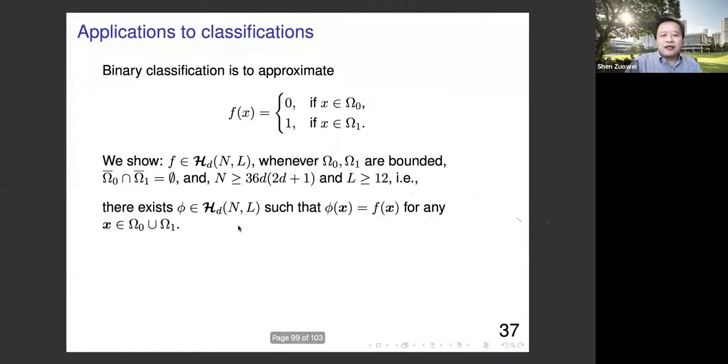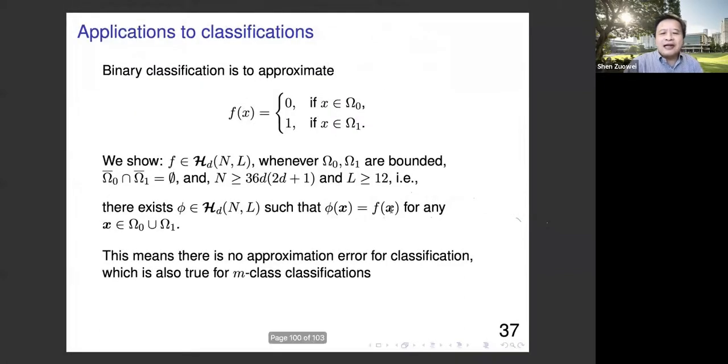This theorem can of course be generalized from binary classification to M-class classification. This is very important, because it also indicates why deep learning is very good for classification. Essentially, you don't have approximation error. The only errors you have are generalization error and optimization error.